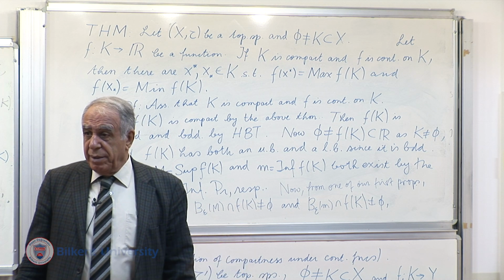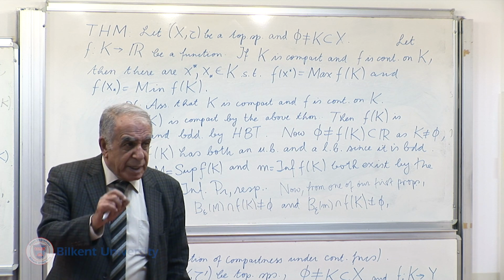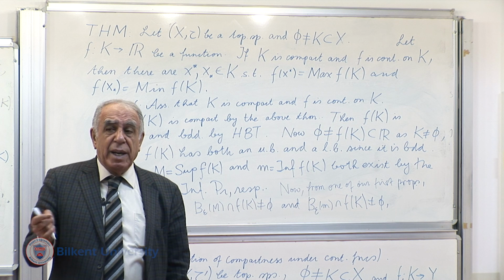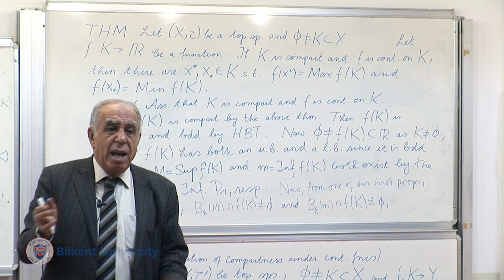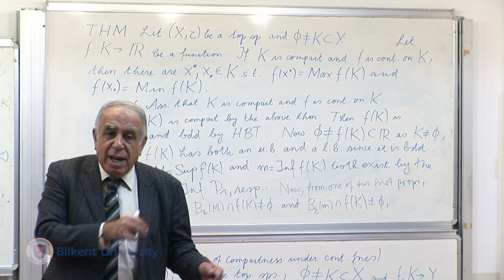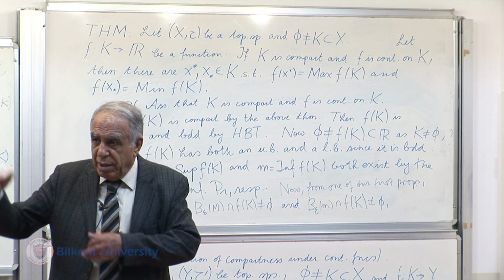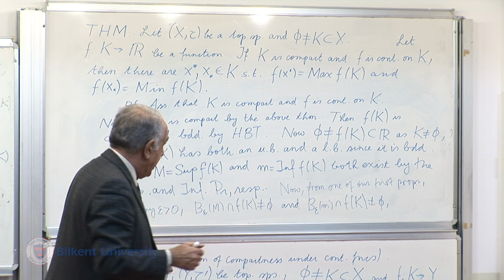But what does this mean about capital M in its relation to F of K? It's a limit point. Well, a point is a limit point of a set if and only if each of its neighborhoods has a non-empty intersection with the set. But we have seen in the context of metric spaces, well, epsilon balls replacing neighborhoods, that works as well.